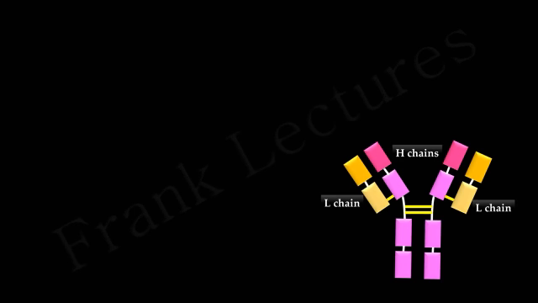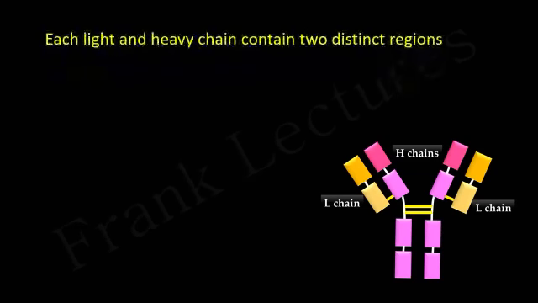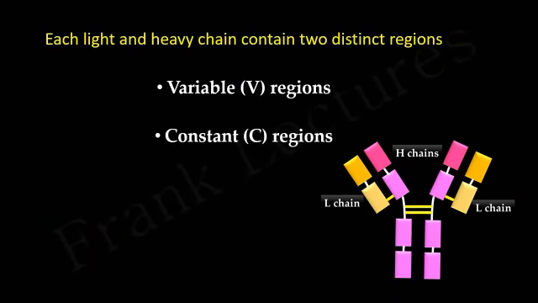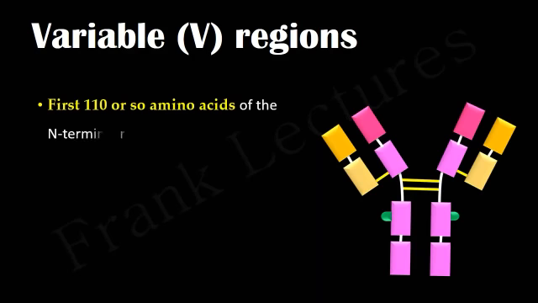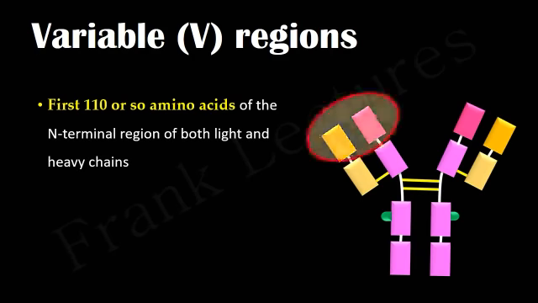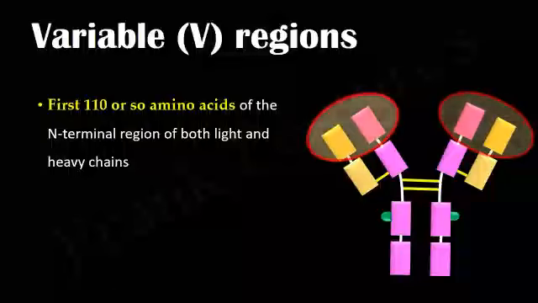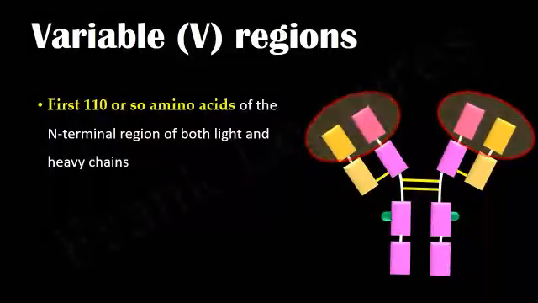Each light and heavy chain contain 2 distinct regions: variable regions and constant regions. Variable region refers to the first 110 amino acids of the N-terminal region in each heavy and light chain. These regions are so called because the amino acid sequences in these regions have great variability.